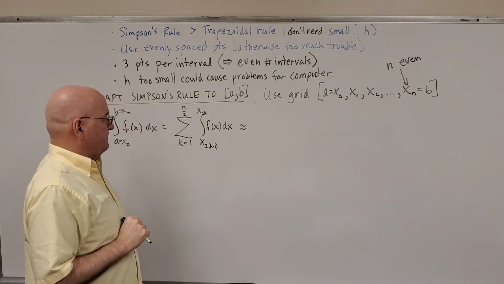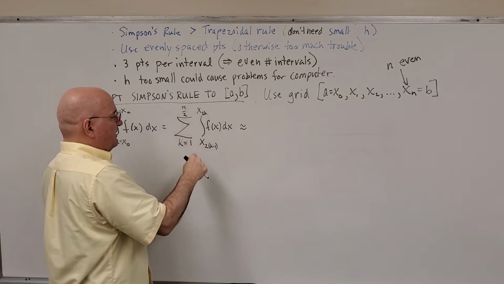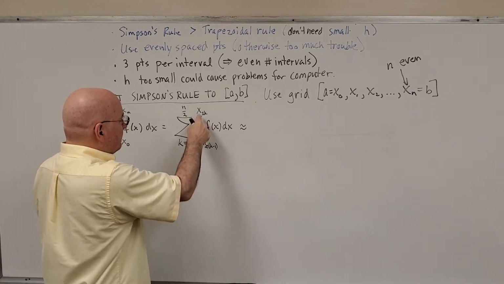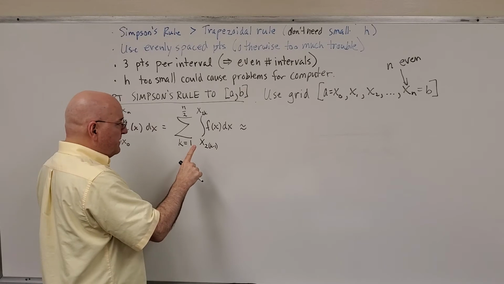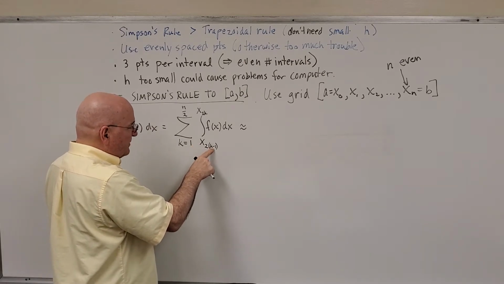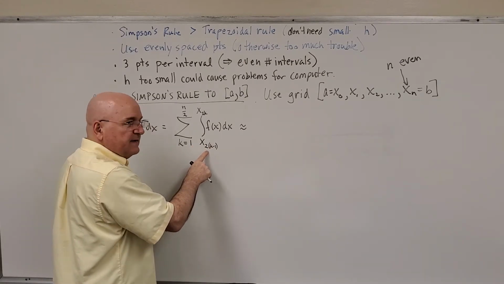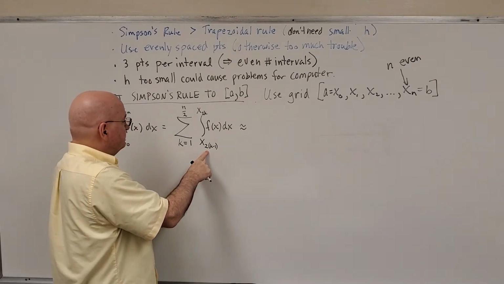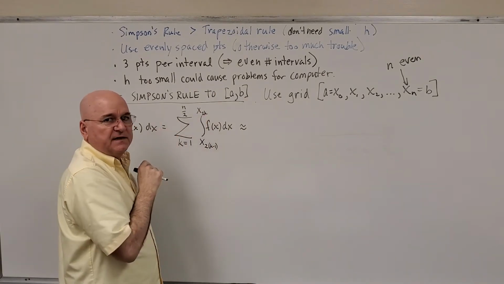K starts at 1. So what is this integral going to go from? The bottom limit to the top limit. If k is a 1, we're starting at, well, 1 minus 1 is 0, x0, and the top better be x2. If k is a 1, it is exactly right.